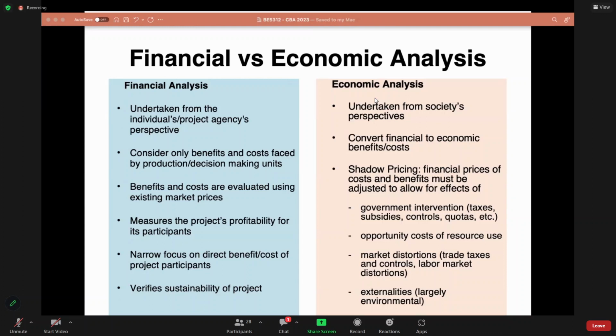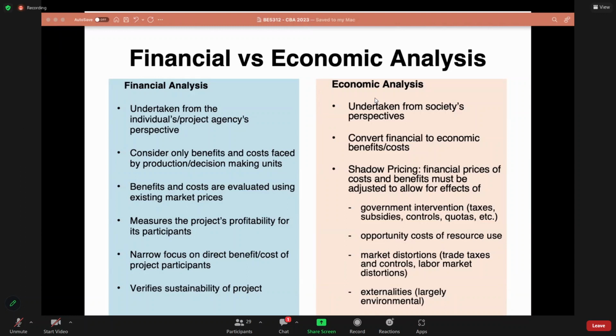But in an economic analysis, we have to use something called shadow prices, because we will have to adjust the financial prices to allow for certain things, because the financial prices will not always reflect these externalities that we were talking about.